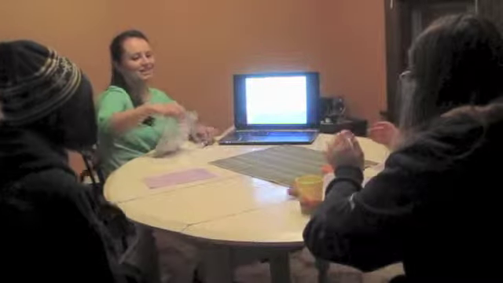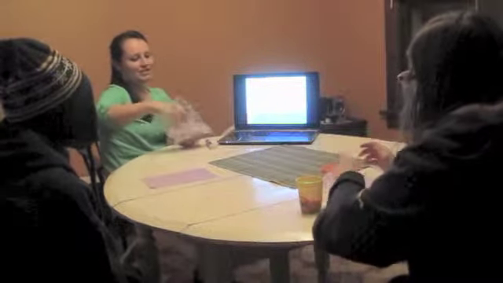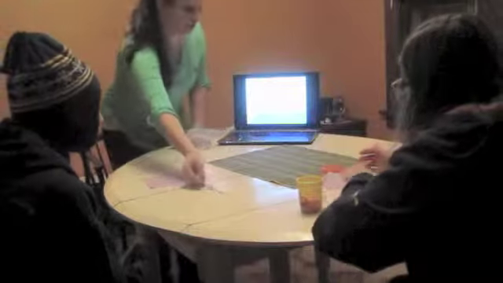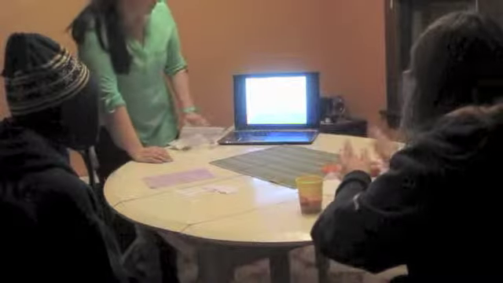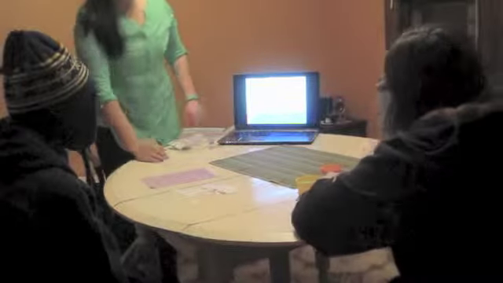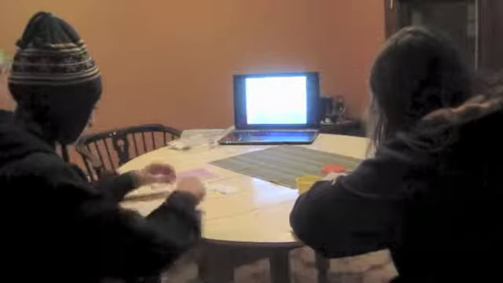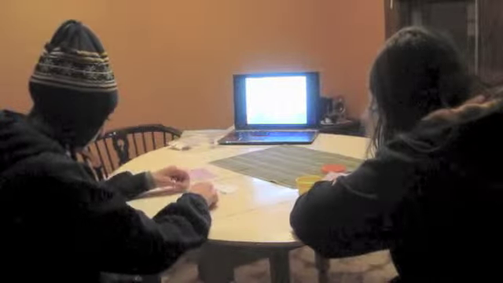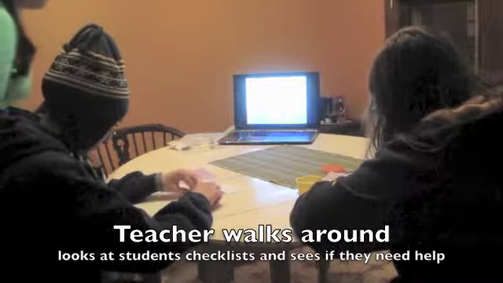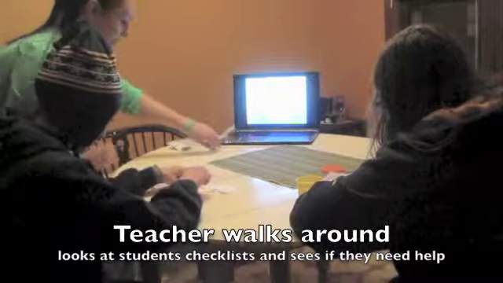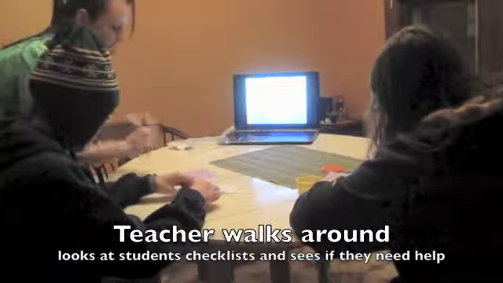Now I'd like to hand out some rectangles for you to build the same shape that I have on the board. Three by 3. I'll walk around the room and make sure that you're making these correctly. Good work, Thomas. I see that you're following the checklist, so I'll mark them off for you.